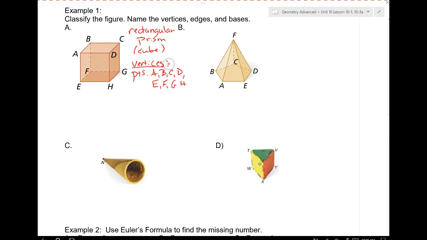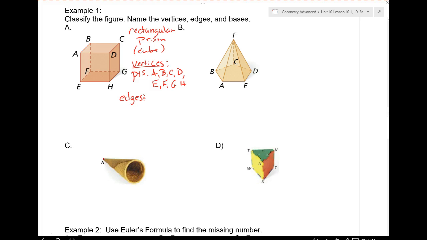So that's our vertices. And then we're going to name edges. Guys, how many edges am I going to have to name? 12. Yeah, it's going to be 12. Remember, an edge is where two faces come together. So every single line segment there is an edge. We'll get more specific later when we talk about base edges and lateral edges, but we don't need to worry about that now. But I need to name every segment.